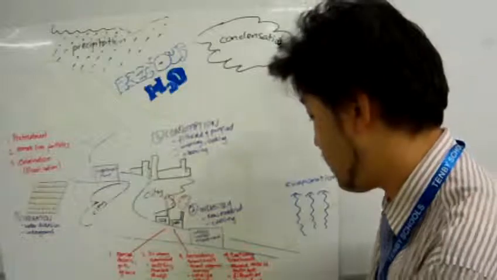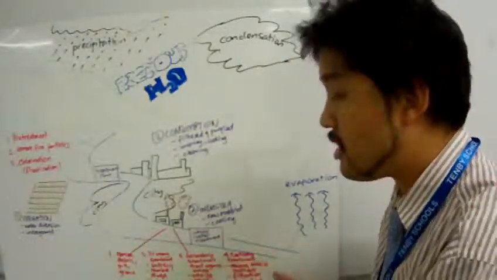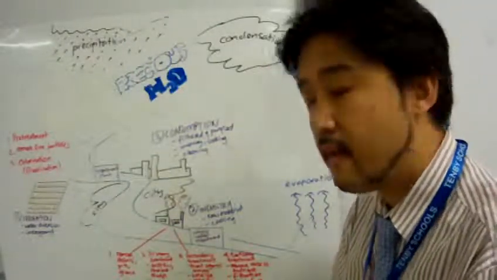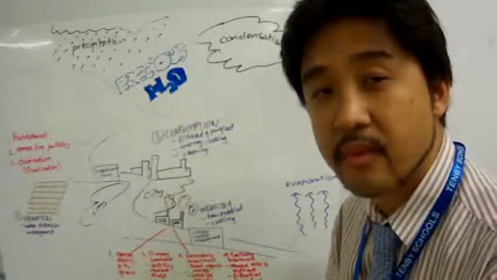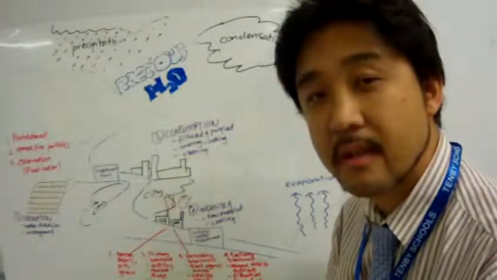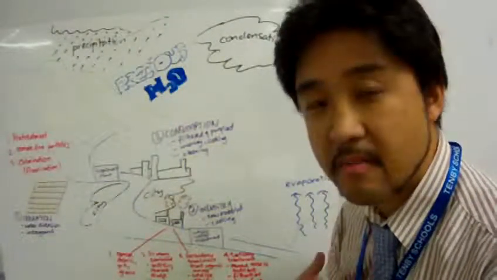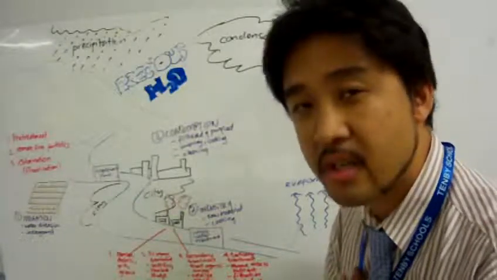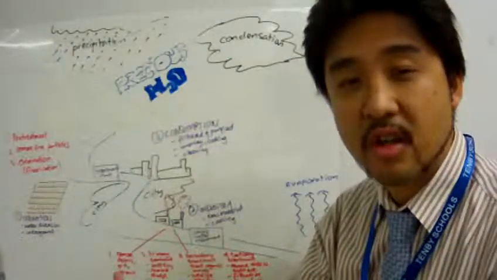And you will filter it, and maybe some cities will even disinfect the water itself. And it's discharged downstream where it's safe for life to consume, like animals and such, but it may not necessarily be safe for us, and it usually isn't safe for human consumption. So there we go, the entire hydrologic cycle.